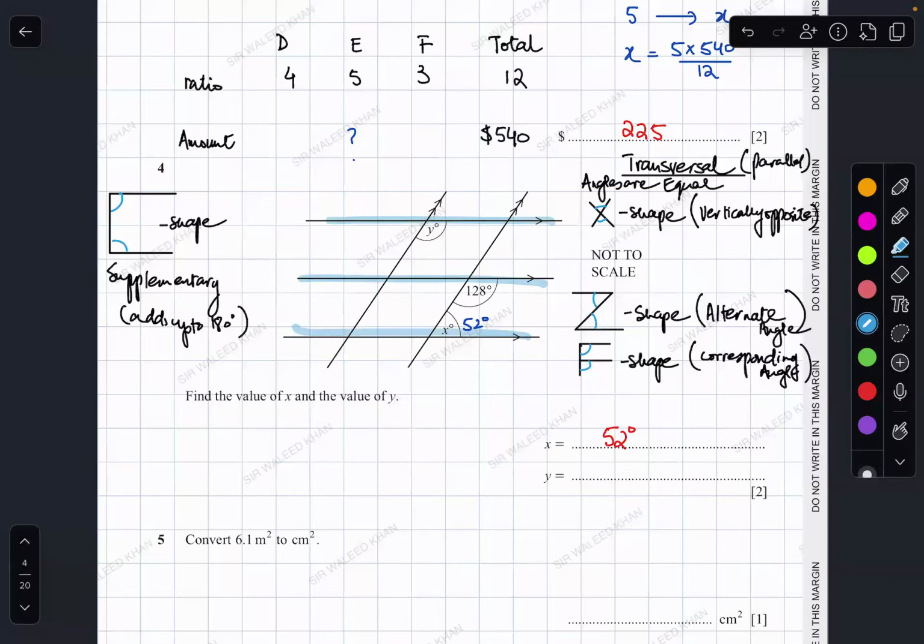Just considering these two lines parallel, and then this line can be considered as a transversal. So we have, as you can see, a Z shape, right? So you have to identify this. That means if this angle is 52, that makes this 52.